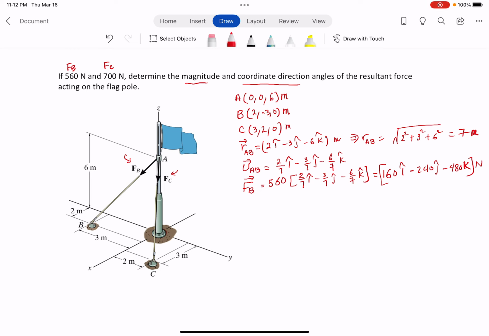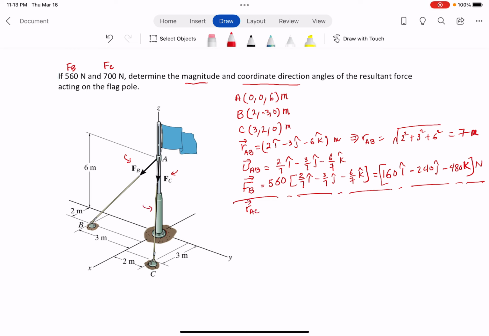Let's do the next one now. The position vector AC, that is the next cable. The position vector RAC is C minus A: 3 minus 0, 3i; 2 minus 0, 2j; 0 minus 6, minus 6k. This one is in meters.